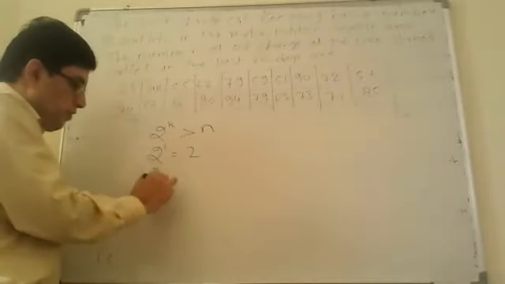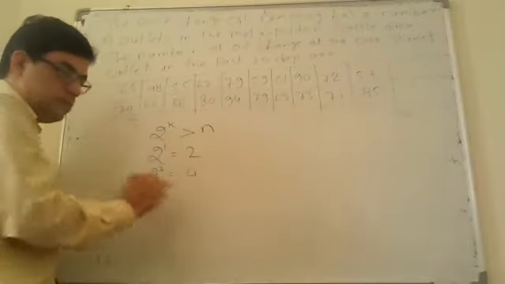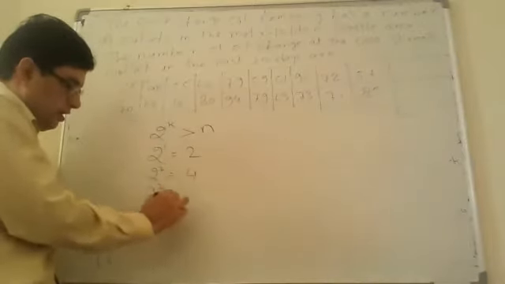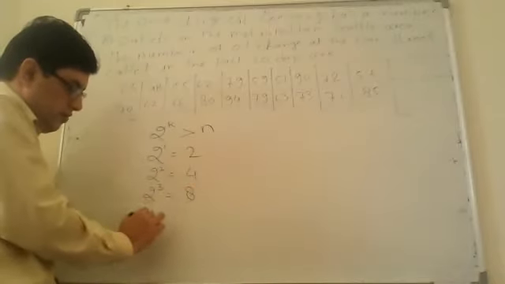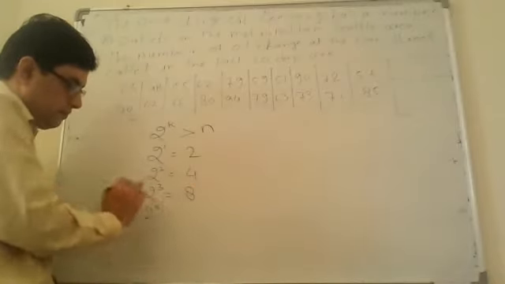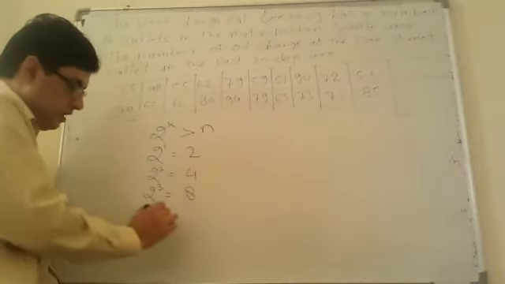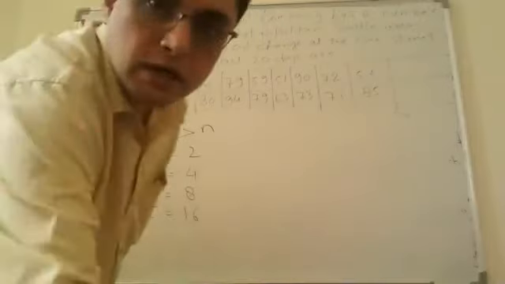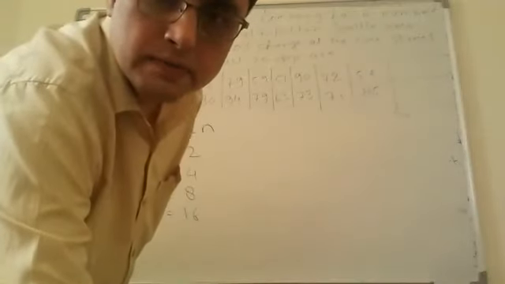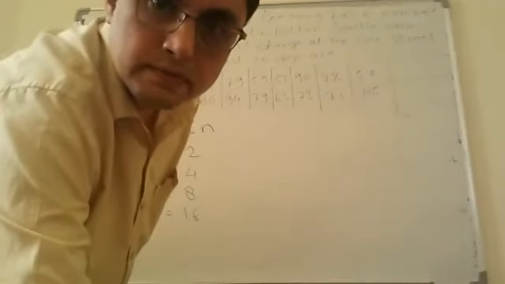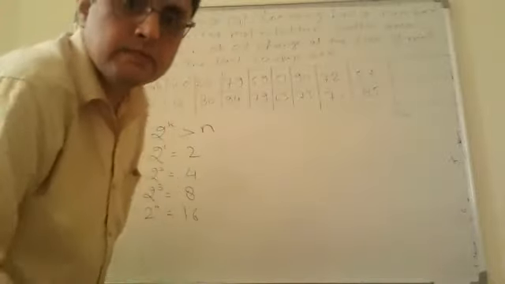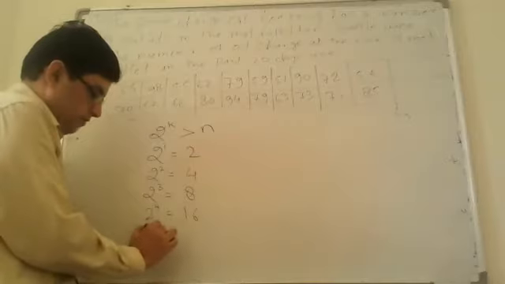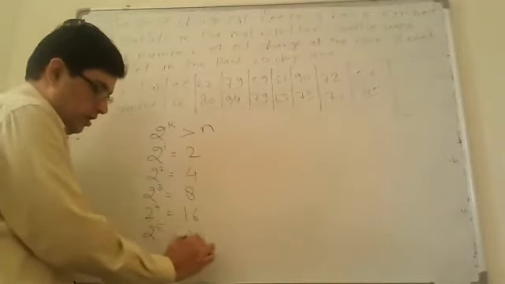So 2 to the power 2 is 4. 2 to the power 3 is 8. 2 to the power 4 is 16. 2 to the power 5 is 32.